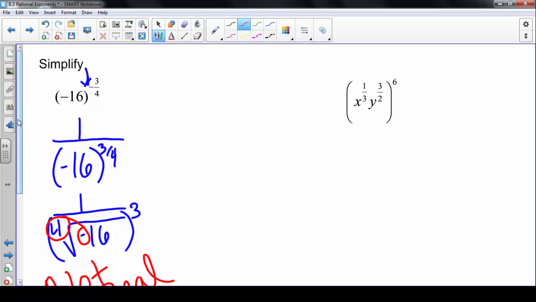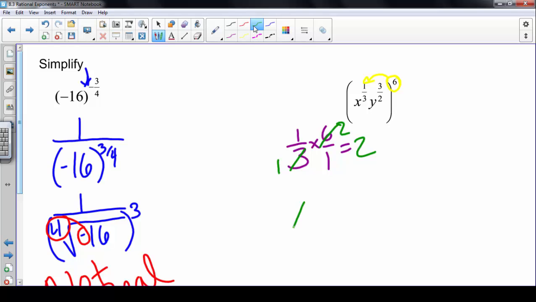Alright, so this next one. Remember from slide 1, if you've got an exponent on the outside, it can multiply to both exponents in here. Let me erase that last mark so you can see the number. So when we have 1/3 times 6 over 1, this becomes a 1 and a 2.